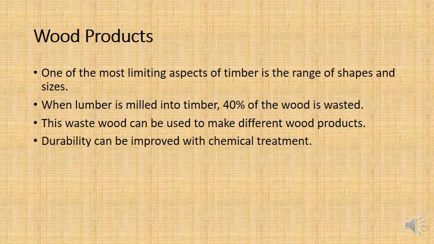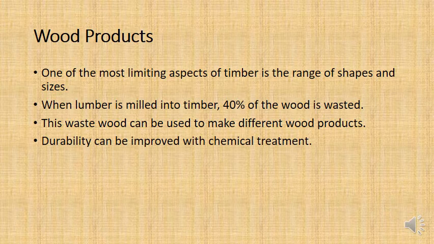Now, we've covered everything there is to know about wood at this stage and timber, but I now want to talk to you about wood products. And what do I mean by wood products? Well, one of the most difficult things about timber is you're kind of limited in the range of sizes and shapes you can get timber in.